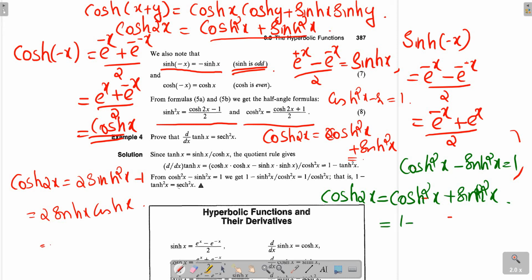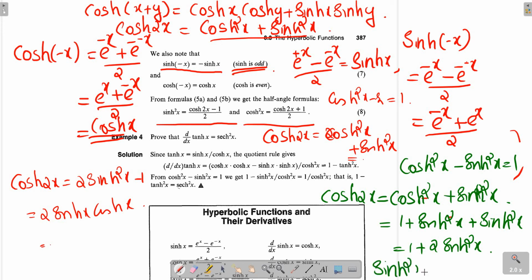That's equal to 1 plus sinh square x plus sinh square x, that's equal to 1 plus 2 sinh square x. So I can write it as sinh square x is equal to (cosh 2x minus 1) by 2. Similarly, we can derive cosh square x is equal to (cosh 2x plus 1) divided by 2.